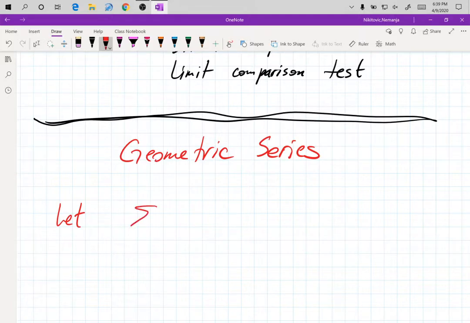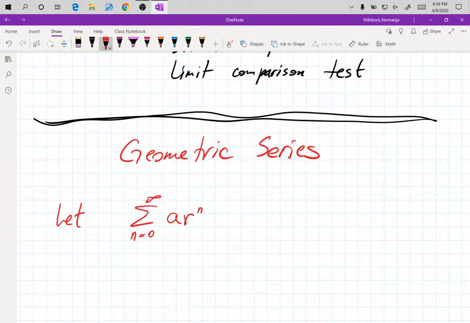Let the sum, n goes from 0 to infinity, of a r to the n. That's the geometric series. That's what it looks like. Now, we are going to have two different situations, one for convergence, one for divergence. In some cases, there is inconclusive. In some cases, convergence is missing. So not every definition for every one of those 10 tests is going to look the same.